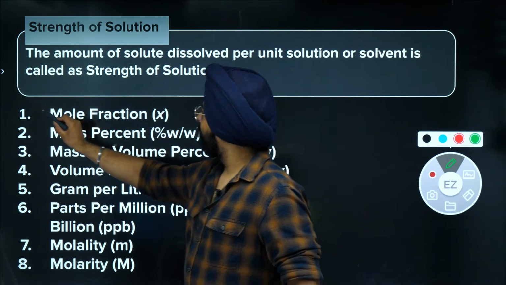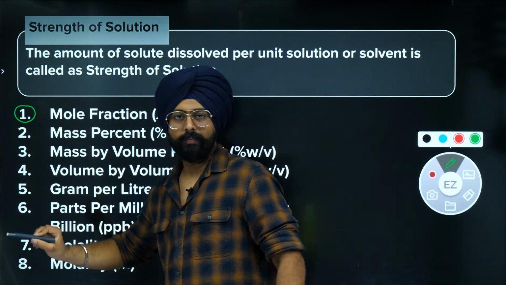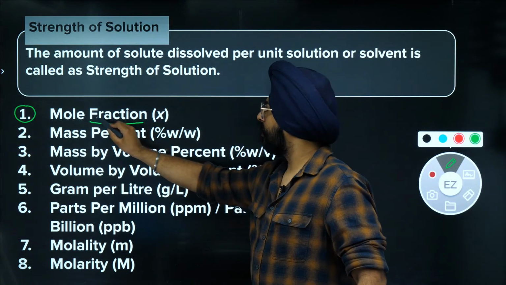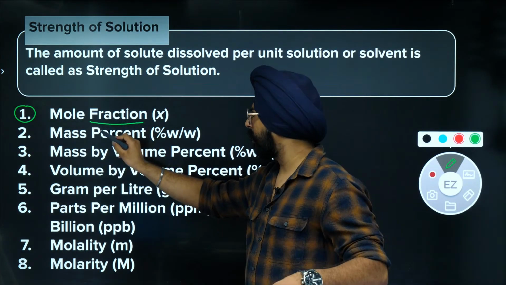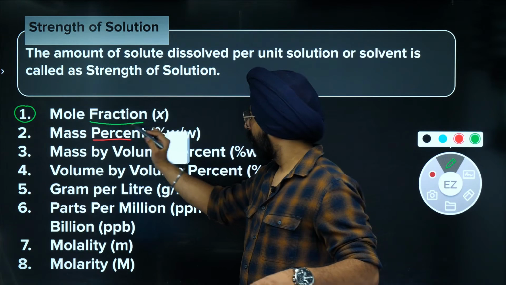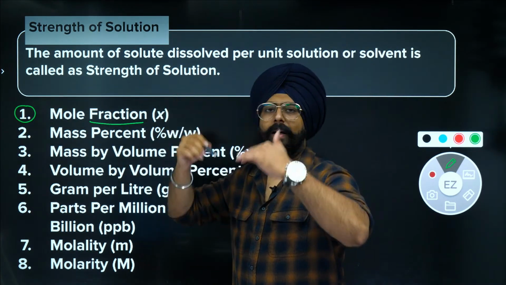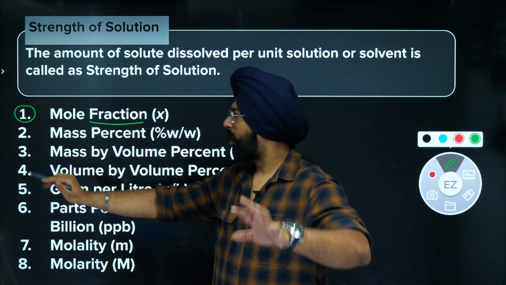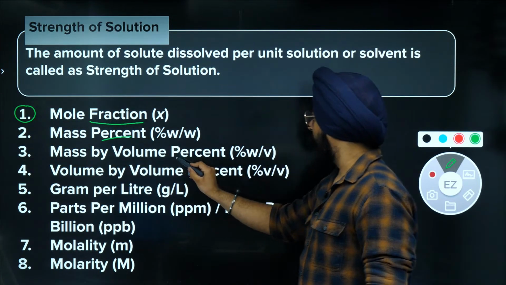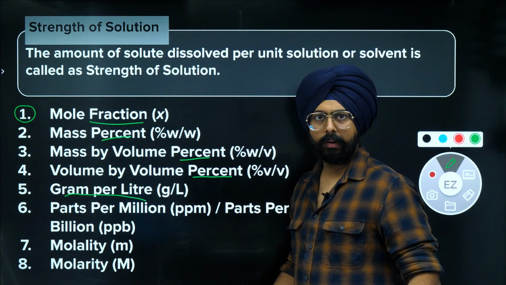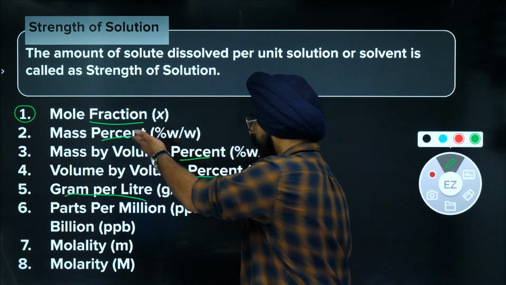So now the first one is mole fraction. This is just a fraction, okay? Do you understand the difference between fraction and percent? Fraction is just A by B. Percent is A by B into 100, right? So there is a fraction, there are some percentages, there is something very simple like grams per liter, and you have percent.